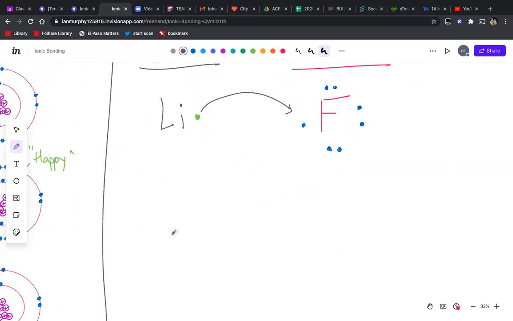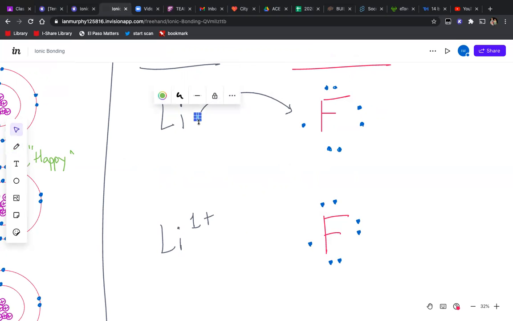So now we can rewrite this as Li 1 plus, and fluorine, I'm still going to draw the valence electrons just so it's illustrated here. Fluorine has now gained 1 electron.